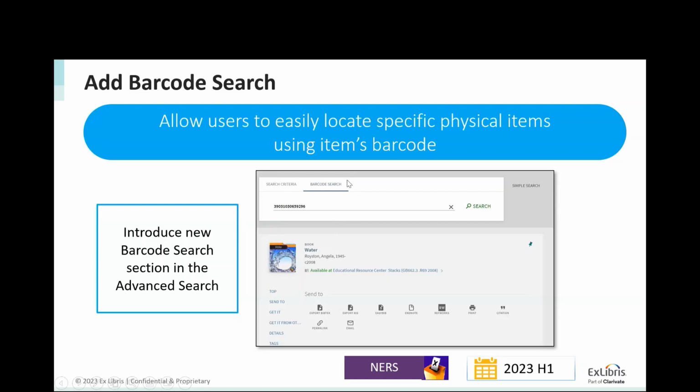Unlike the advanced search that is presenting a brief result, we are expecting one single record to be retrieved. We are presenting here a full record format that was found to match the barcode that the user searched. So this was regarding the barcode search.